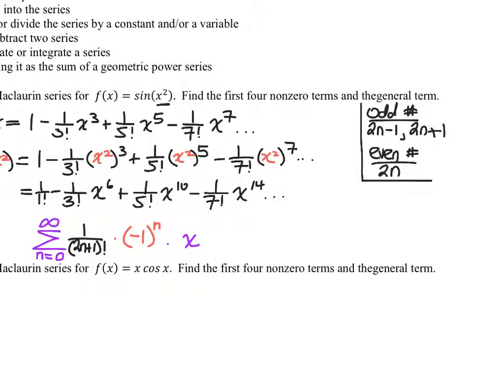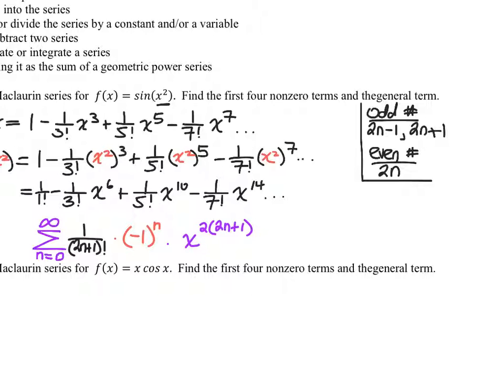Now the new exponent is twice the value of the denominator. So if I let my denominator be 2n plus 1, then my exponent has to be double that. All right? So 2 times 2n plus 1.